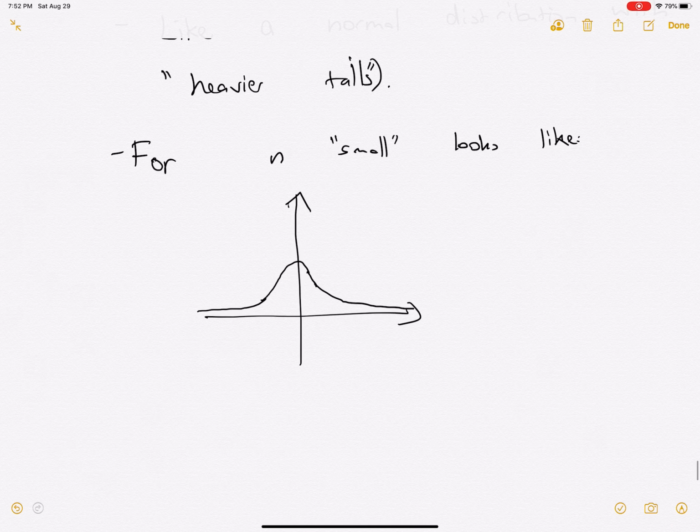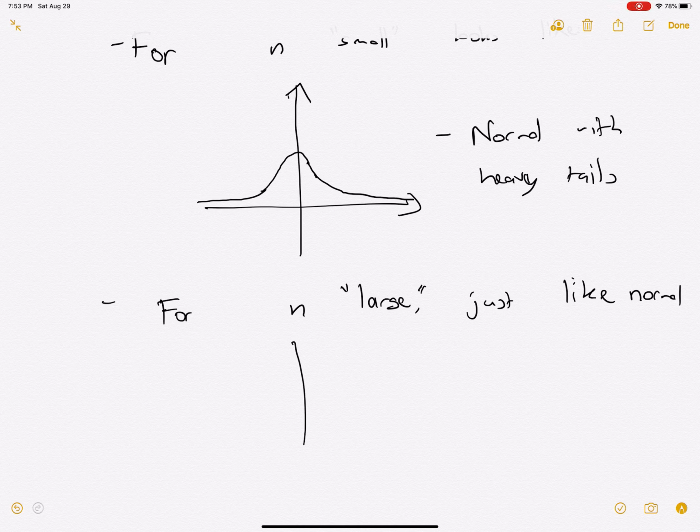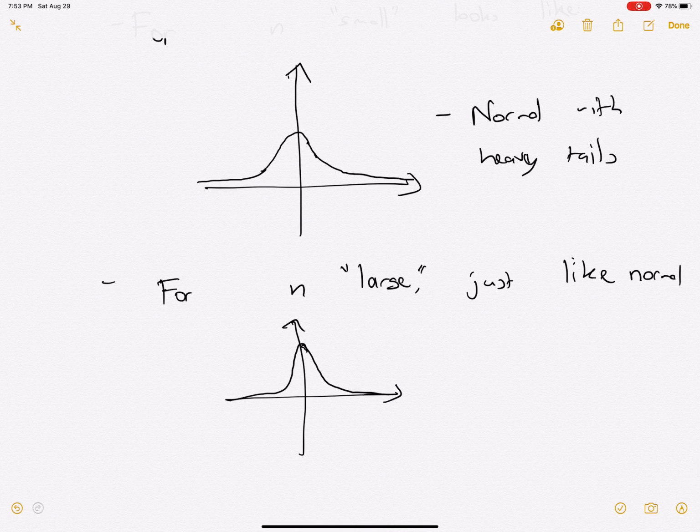So you can think of this as normal with heavy tails when n is small. For n large, it's basically just like a normal, so it's just going to look like your standard normal. My drawing ability here is a little bit limited, but essentially it looks like a normal.